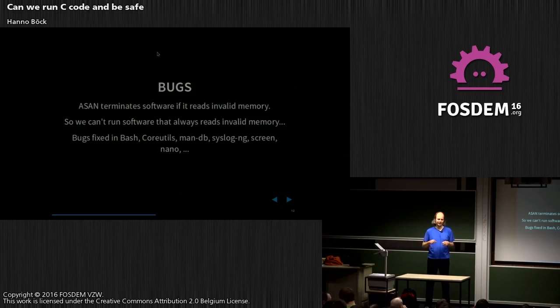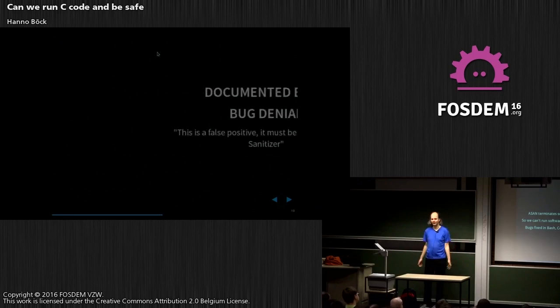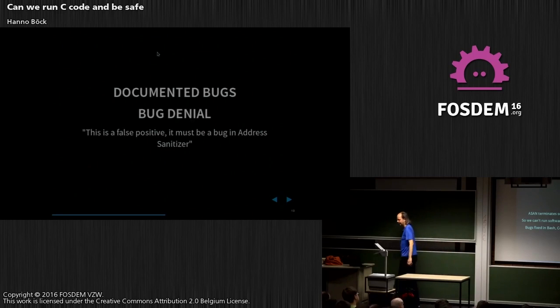Shred has a feature that generates a random pattern in memory, and in 1/4 of the cases it would access invalid memory. ManDB had a use-after-free bug, and all kinds of these things. So these need to be fixed in order to be able to use the code with address sanitizer enabled. But it's a good thing we fix bugs.